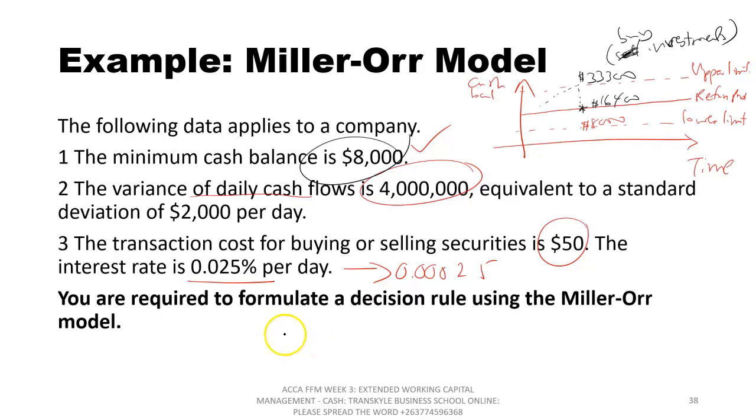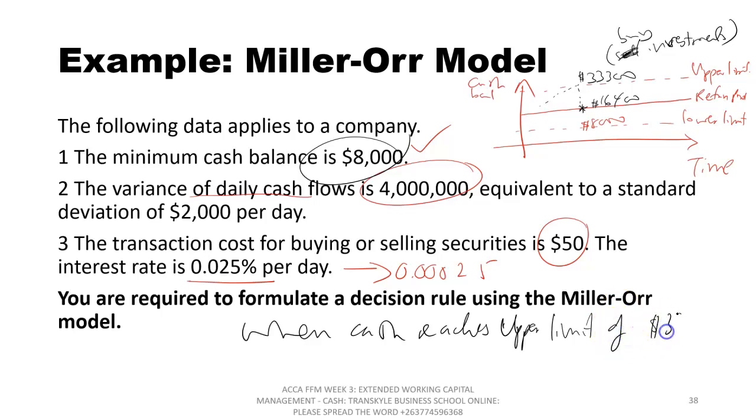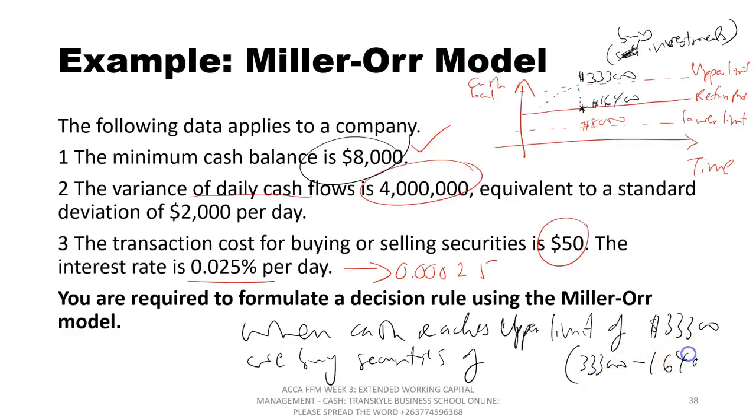So when cash reaches the upper limit of 33,300, we buy securities of the difference, that's 33,300 minus 16,400, which is the return point, and the difference there is 16,900.